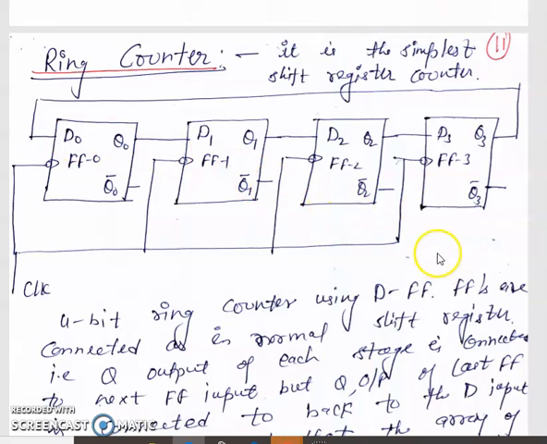The main difference between the ring counter and the Johnson counter is the feedback output. This is the normal output and this is the inverted output. So we feed back the normal output to the first flip-flop of this counter, so it is called a ring counter.